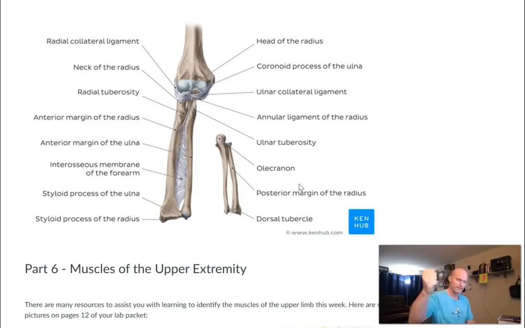Parent yanks their child up, off of the sidewalk to get out of the street or whatever, and especially younger children, it has a tendency to get dislocated because that annular ligament of the radius helps hold the radius and the ulna together at its most proximal portion, and it can get stretched and become dislocated.